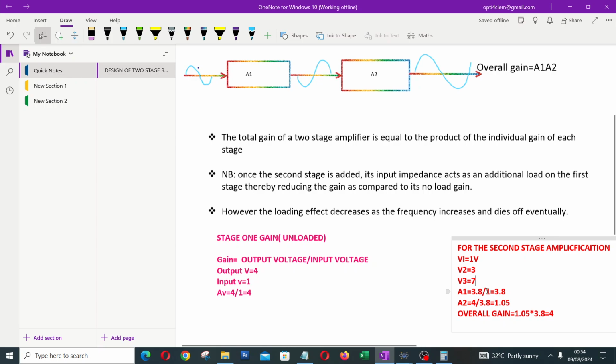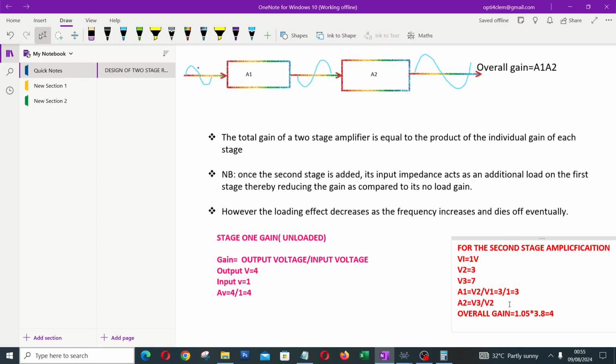So the overall gain will now be A1 multiplied by A2. A1 is V2 divided by V1, which is equal to 3 divided by 1, which is equal to 3. Then the second gain, A2, is V3 divided by V2.